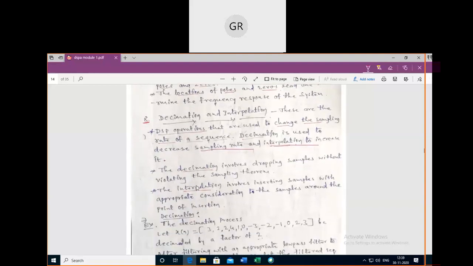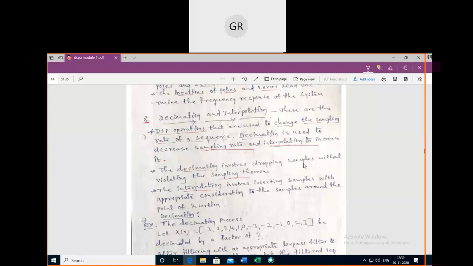Okay, in the decimation process, we can drop some samples without violating the sampling theorem. What is the sampling theorem here? fs is equal to 2fm. You can allow the sampling for the frequency of the input signal below fs divided by 2. So decimation involves dropping samples.